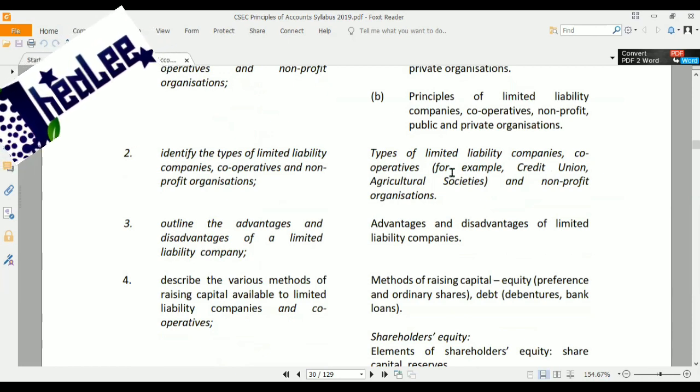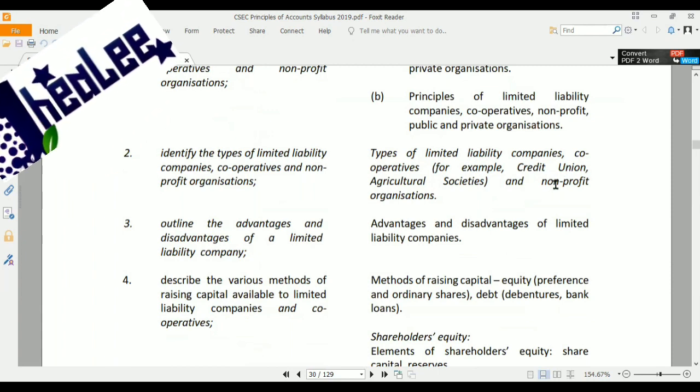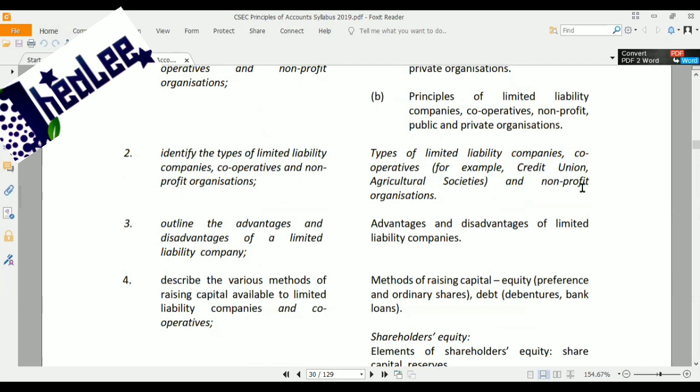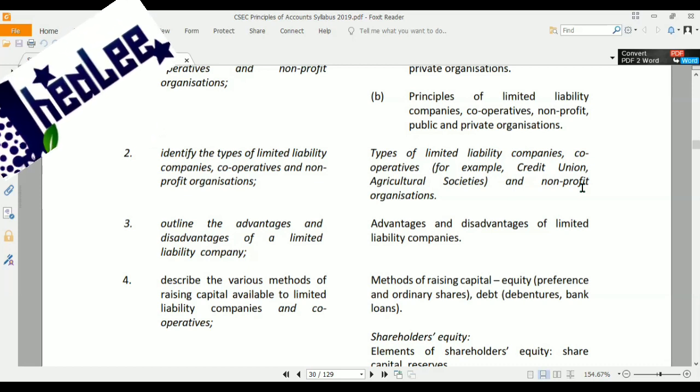So for example, the cooperatives, you have examples like your credit union, while for the non-profit oriented organizations, we're talking about those businesses that operate with the intention of not making a profit. They're service-oriented organizations. So like your charity, right? Your churches, your clubs, like your football clubs, etc. So those are some examples of the not-for-profit organization.